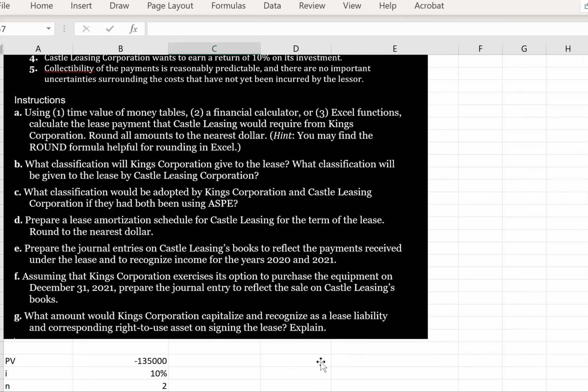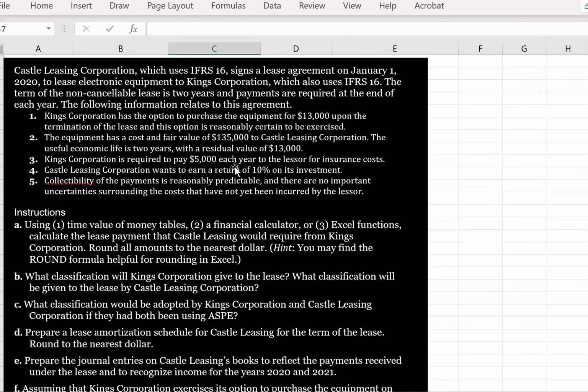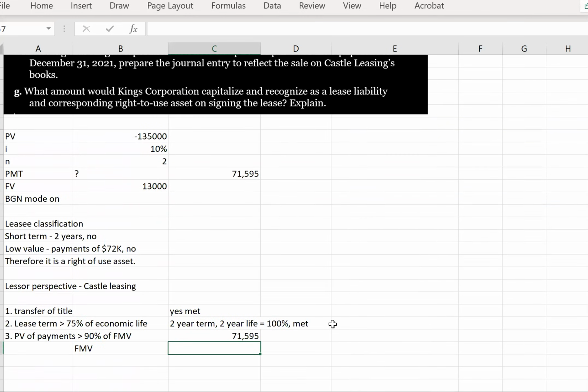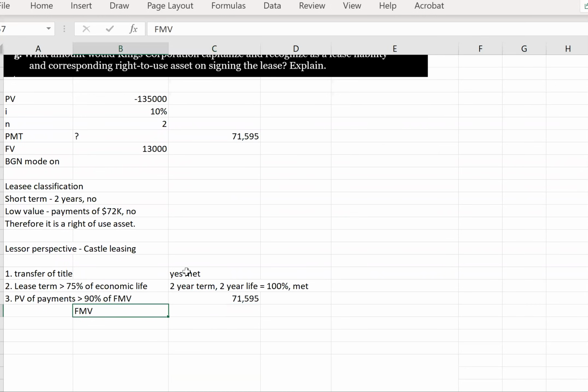The fair market value of the equipment is 135. So the present value of the lease is 71 and the fair market value of the equipment is 135. This divided by this gives us 53%, so not met. But we've met enough of the criteria. We've met 2, so therefore this is a capital lease.